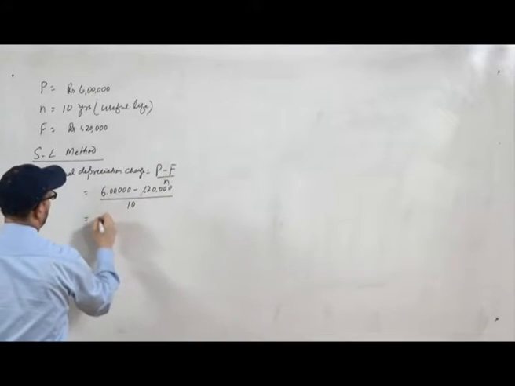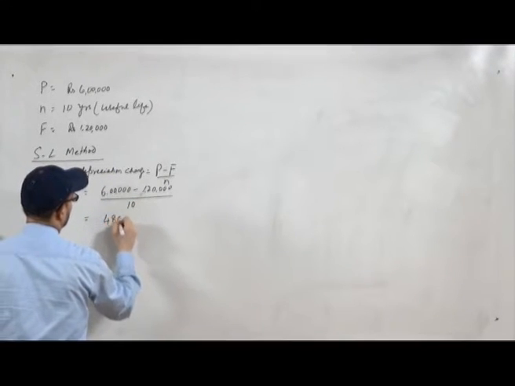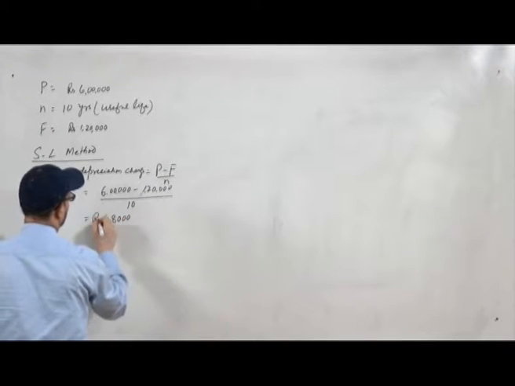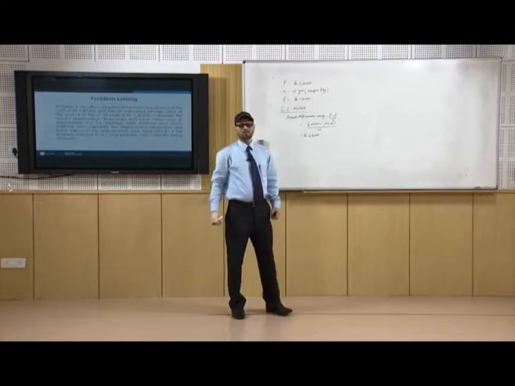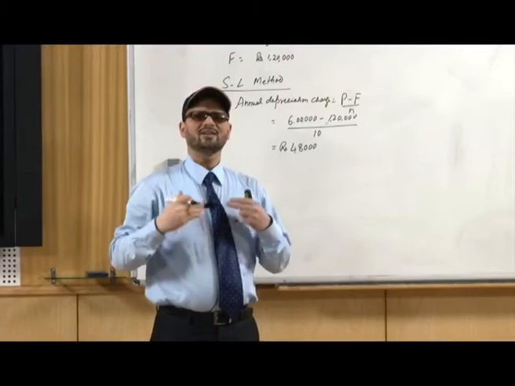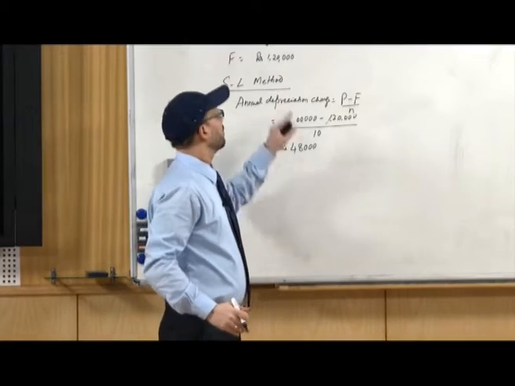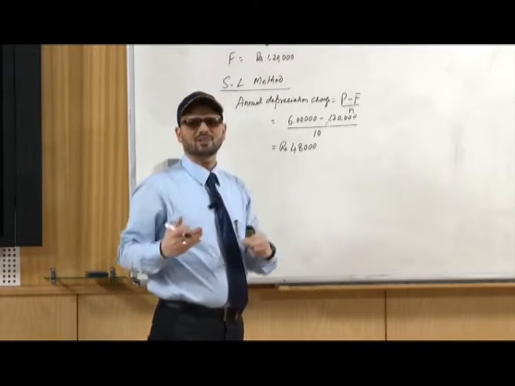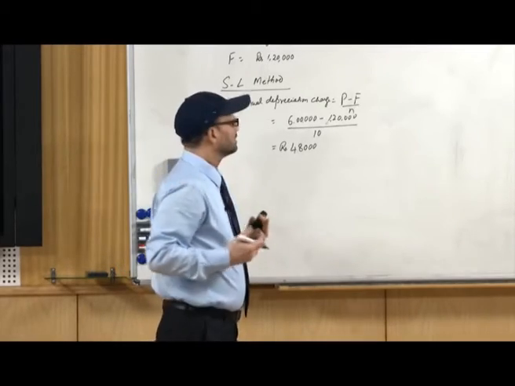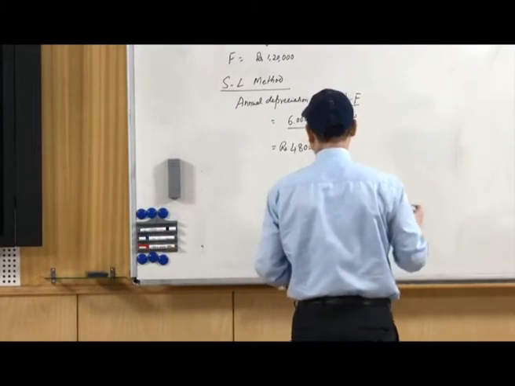So, it is 48,000. Every year we can decrease this amount from the book value at the end of the previous year and we will get the values.